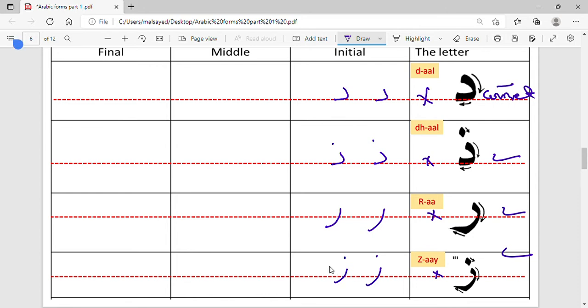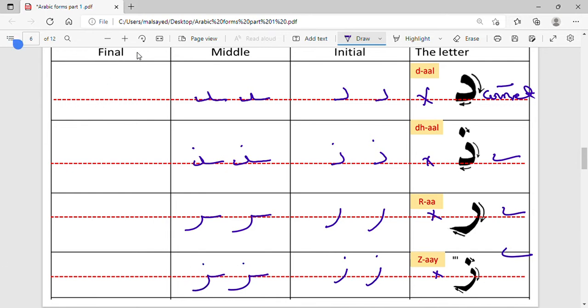Because these letters don't connect with after. Now their middle form, again I said they only connect with the right side. That means they only need one hand to connect, which is the right hand. So the middle form of the dal, the middle form of the dhal, the middle form of the ra, and the middle form of the zai.